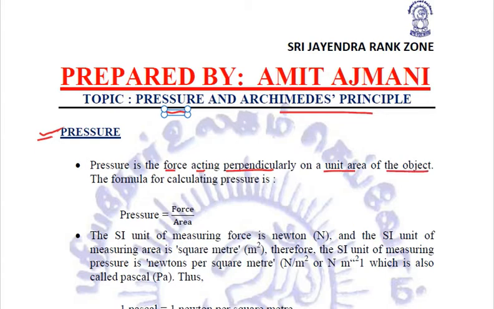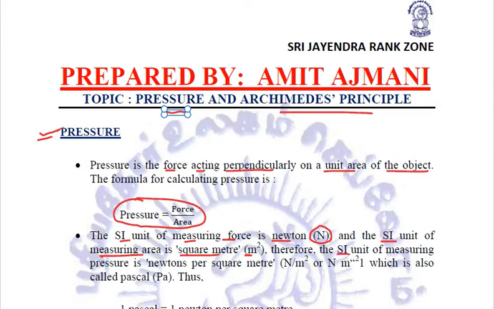And if we want to calculate the pressure, it is calculated by the formula: pressure is equal to force upon area. Now the SI unit for measuring force, we know, is Newton, expressed as capital N, and the SI unit for measuring area is square meter or meter square.